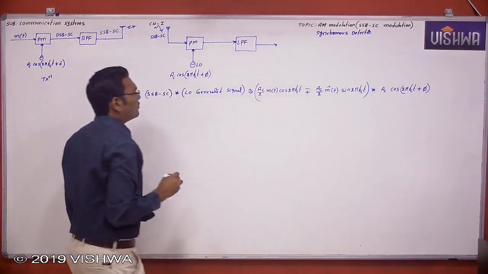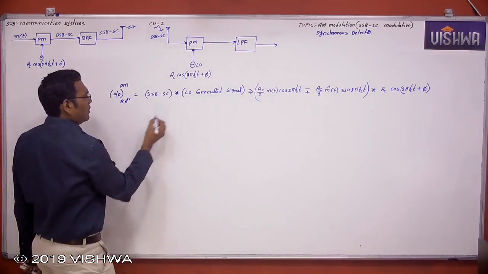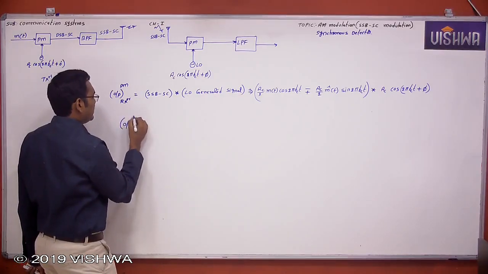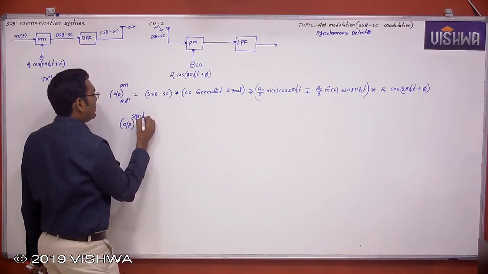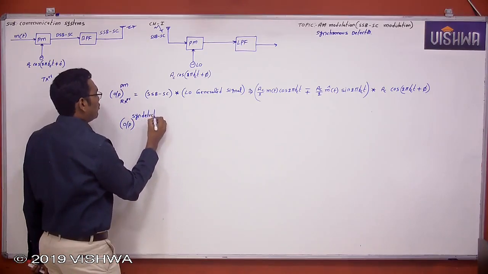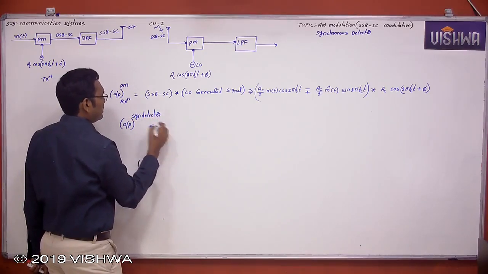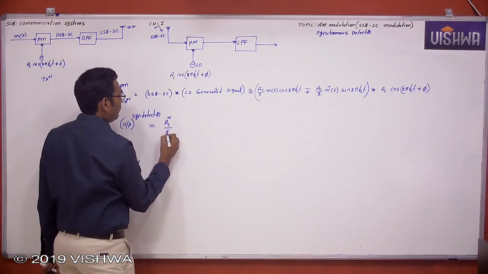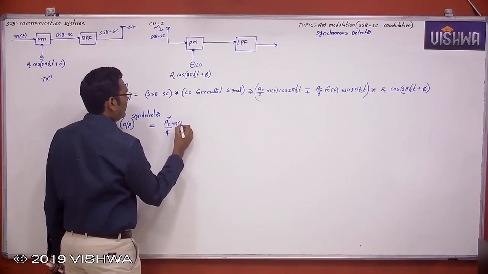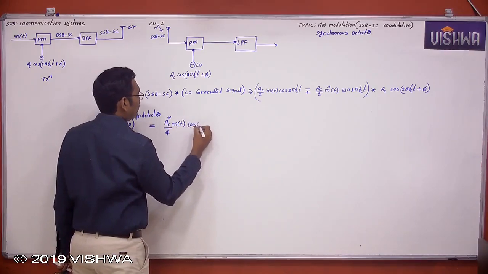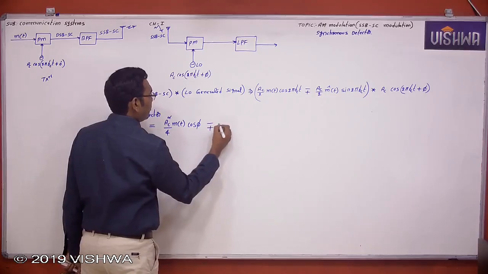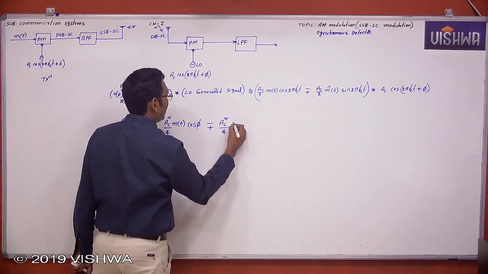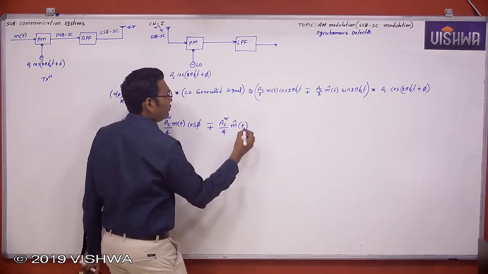So what is the output of the demodulator? If you simplify this, the output of the synchronous detector is A_c square by 4 m(t) cos phi minus or plus A_c square by 4 m cap(t) sin phi.